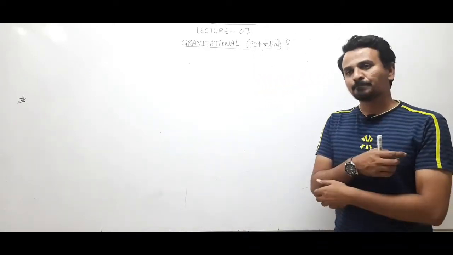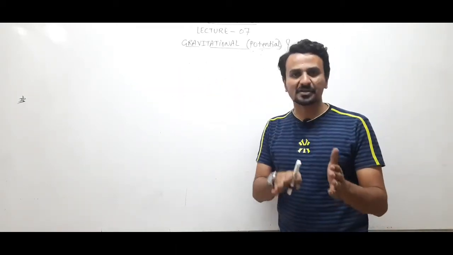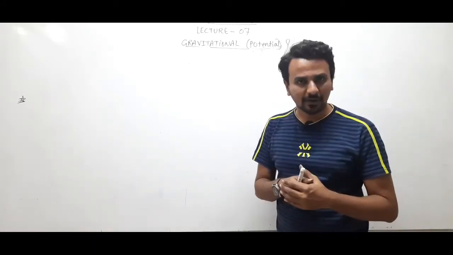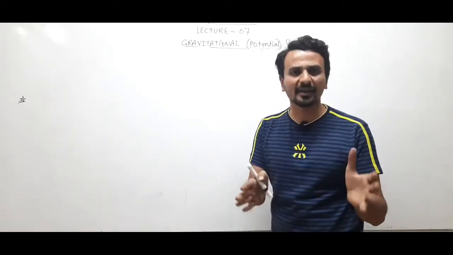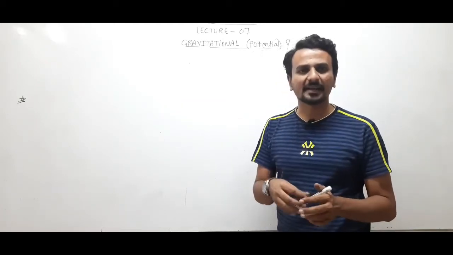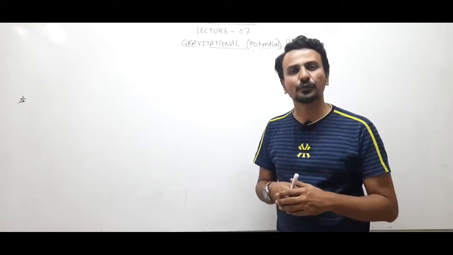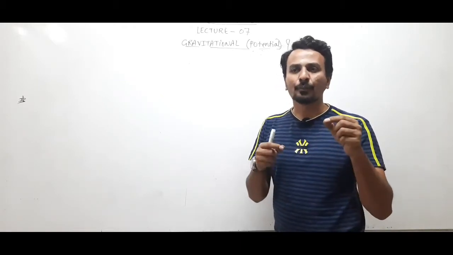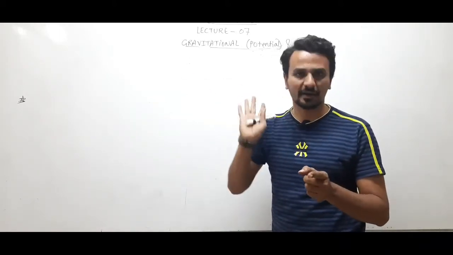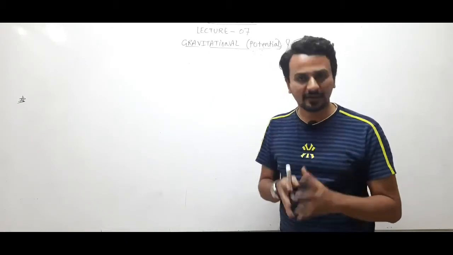Secondly, while defining the potential difference, we will select a reference point, so that it will be a convenient way to define it. So let us say that the reference point in our topic is infinity. If I say the potential at this point is this much with respect to infinity, then infinity is your reference point.